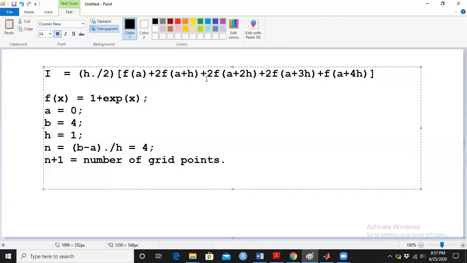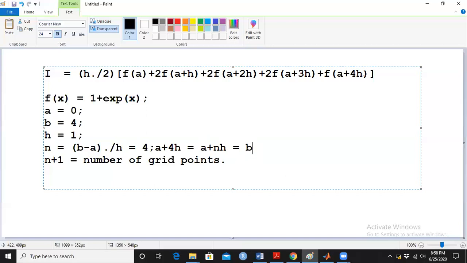Now the question is, what is actually a plus 4h? It is actually a plus nh for this specific question. And when we substitute n here, we get a plus (b minus a), which is equal to b.